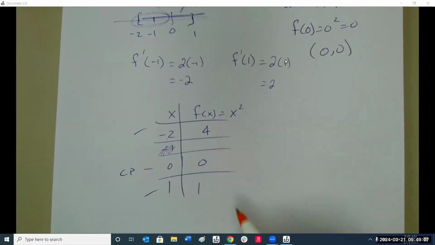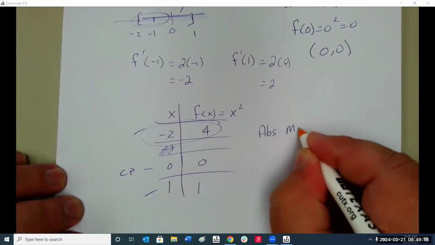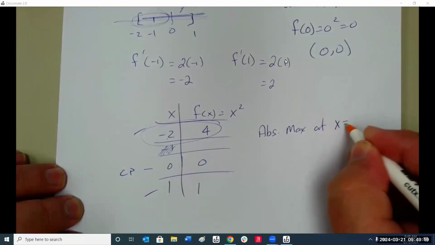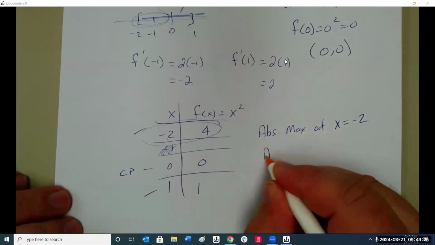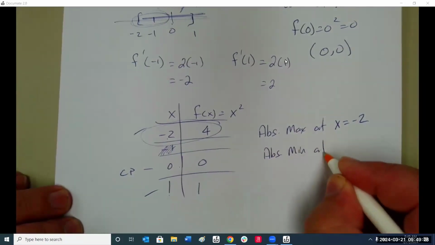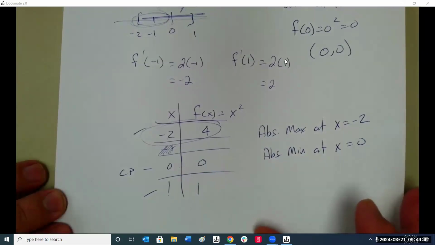So looking at these values, which one is the biggest? So we have an absolute maximum at x equals -2. We have an absolute minimum at x equals 0. So that's how we look at the stuff. So far, so good.